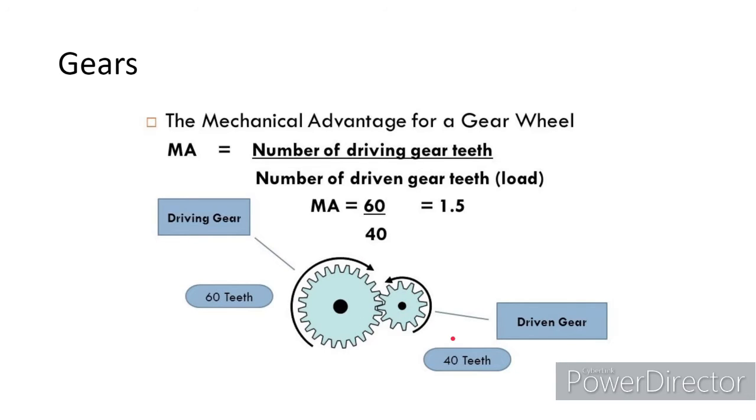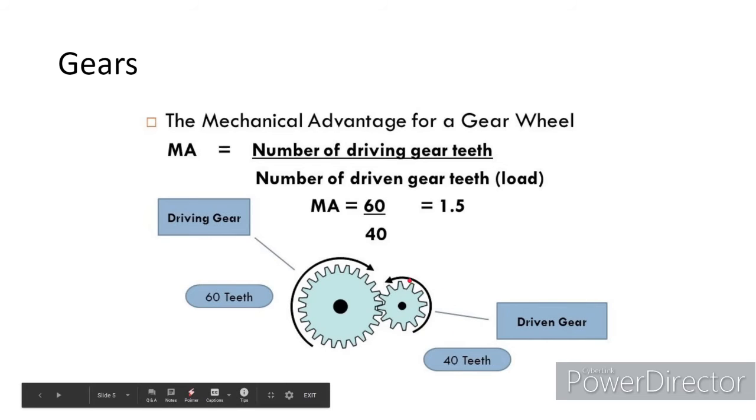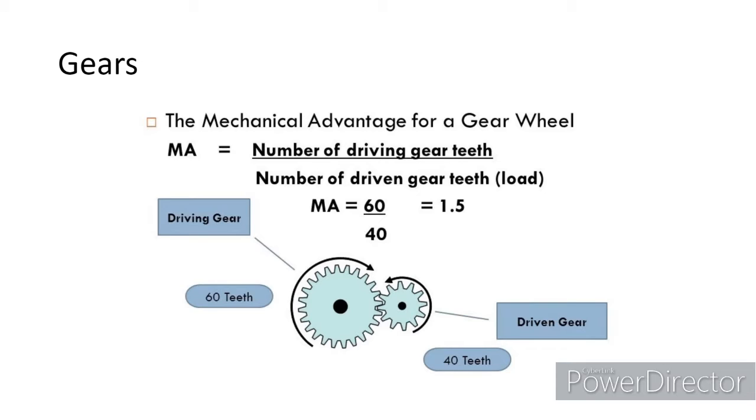And it certainly is close to this in real life. It's not 100%. But for problems as such, you can calculate the mechanical advantage for a gear wheel by dividing the number of driving gear teeth, or your effort, divided by the number of driven gear teeth, or your load.